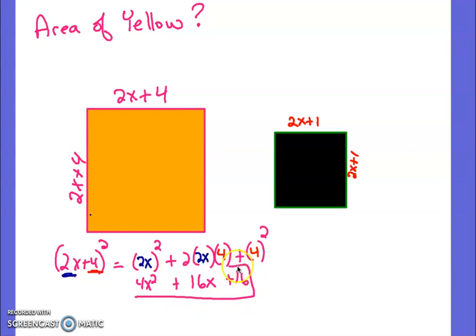So this is the area of this box right here, of that square. Now we're going to do the exact same thing over here. We take 2x plus 1 squared.